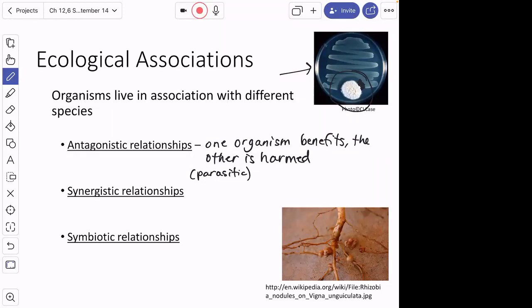A synergistic relationship is a little bit harder to give an example of, but that just means the members could live separately, but benefit from the association.